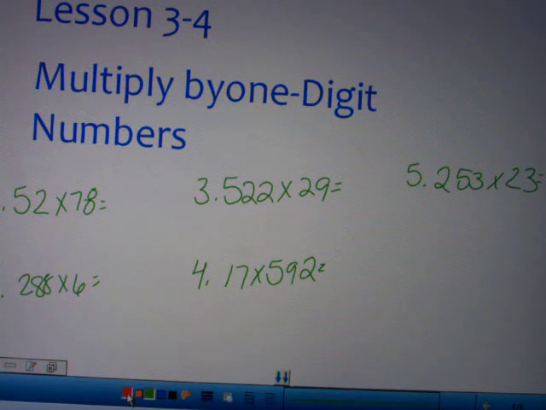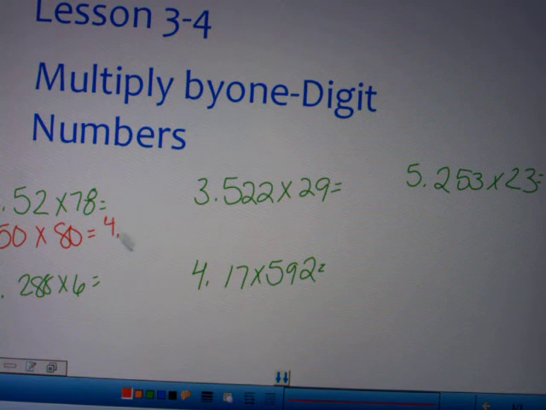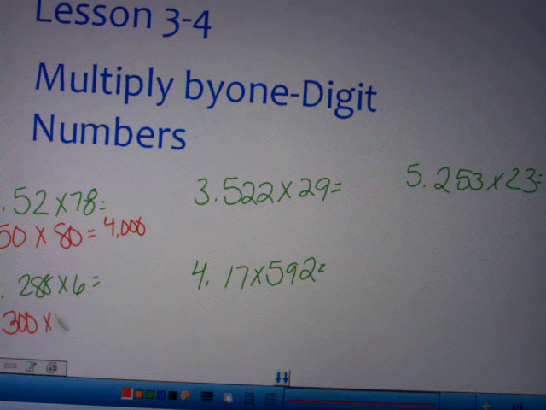So for the first one, and I apologize for the vacuum cleaner in the background, 52 times 78, I would use 50 times 80, and that gives me an answer of 4,000. For number 2, 288 times 6, I would change this to 300 times 6, and that gives me an answer of 1,800.